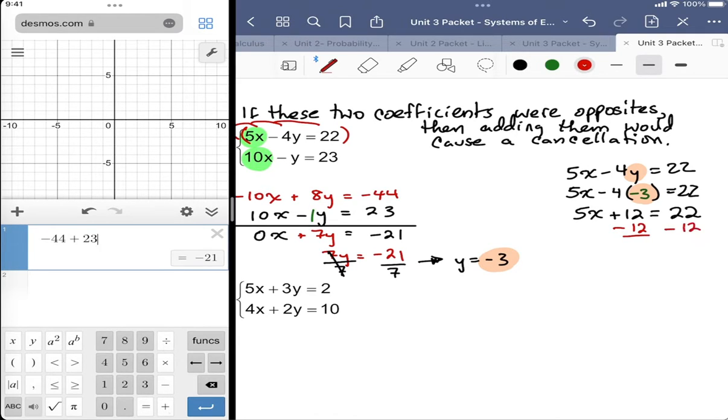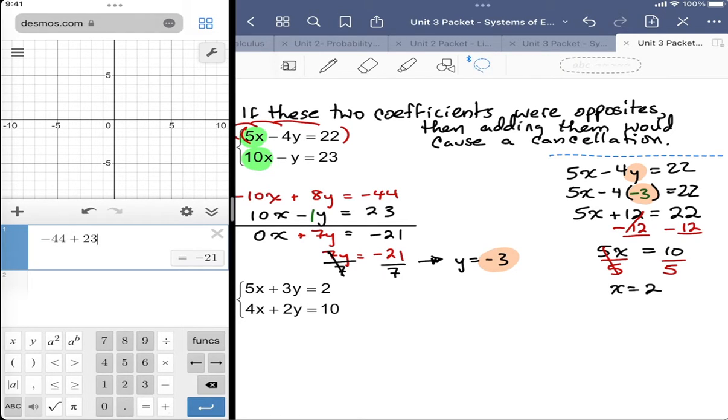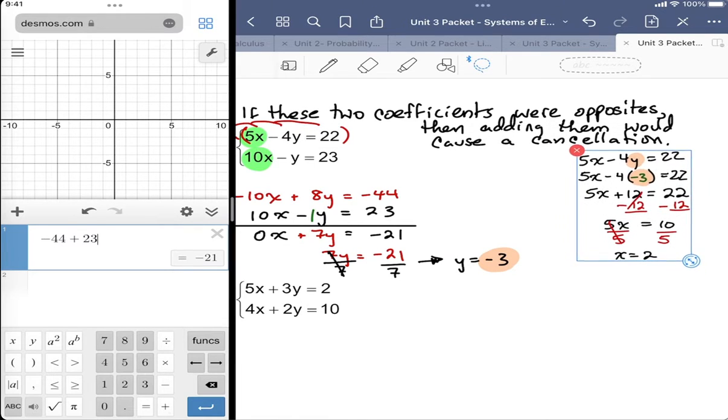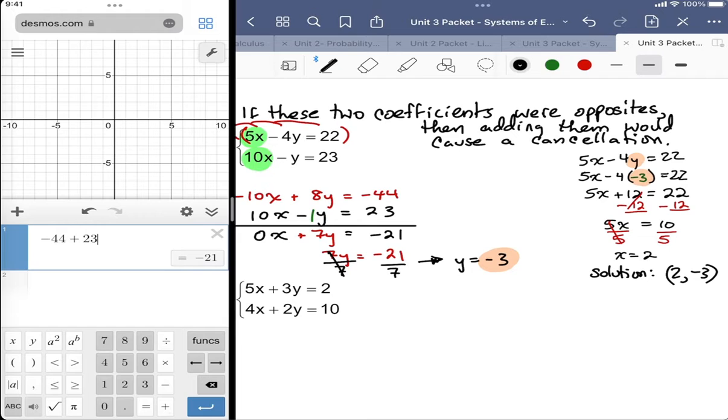Minus 12 minus 12. You have 5x is equal to 10. Divide. Another property of equality, get x equals 2. So now I have my solution. 2, negative 3. Always x first, then y.